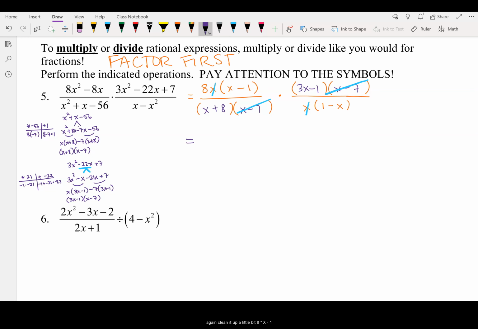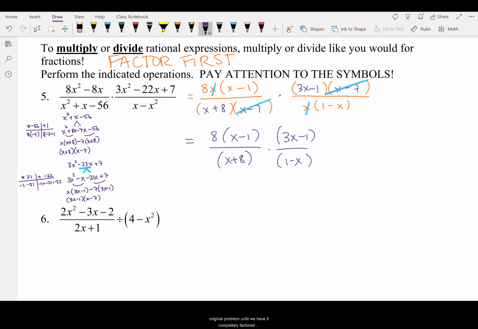And then let's write this over again, clean it up a little bit. 8 times x minus 1 over x plus 8, times 3x minus 1 over 1 minus x. The 8's do not cancel in that first fraction because I have x plus 8. I don't get to cancel anything with a plus or a minus without canceling the whole thing.